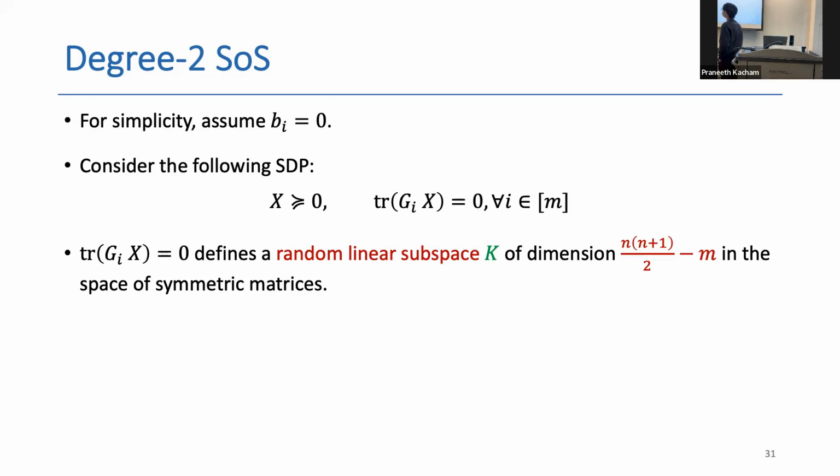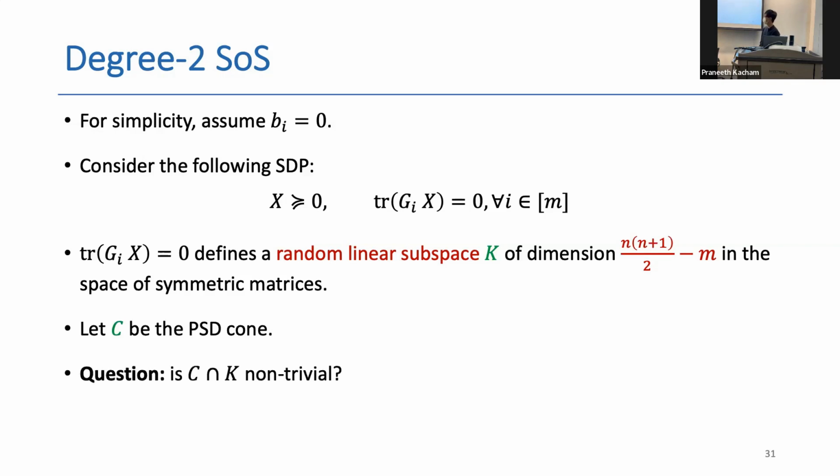Now observe that the trace of G_i X equals 0 defines a random linear subspace K of dimension this minus M. Here, this is just the dimension of the space of symmetric matrices. Let C be the PSD cone. So our question is, does the PSD cone intersect K non-trivially?